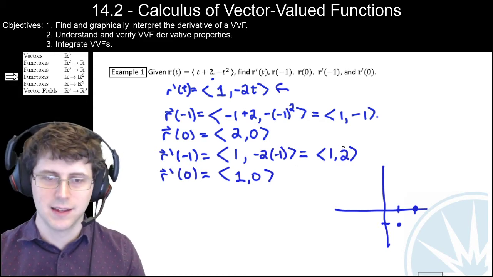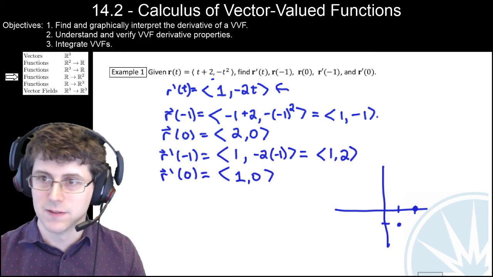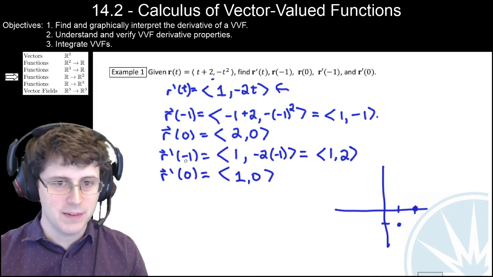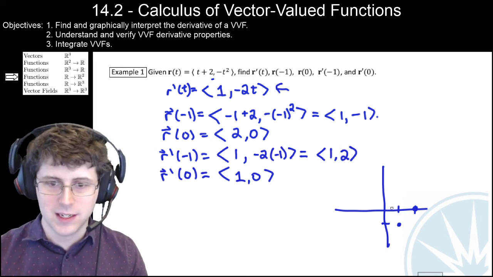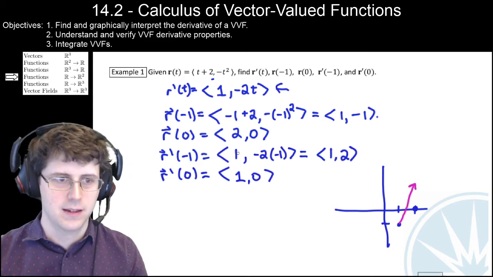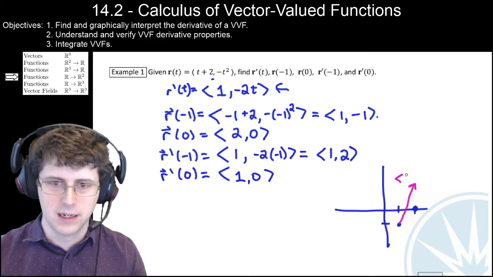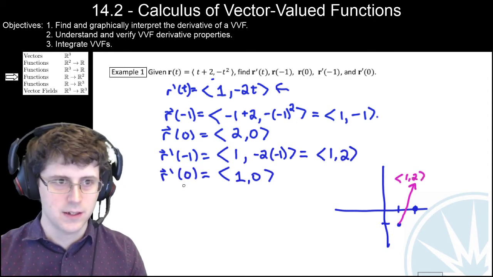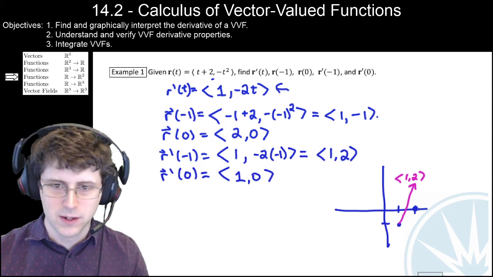It tells me like the tangent vector to some curve. So r prime of minus 1 goes in the direction 1, 2. So it goes like this way. Here's 1, 2. And r prime of 0 is 1, 0, which looks like this.